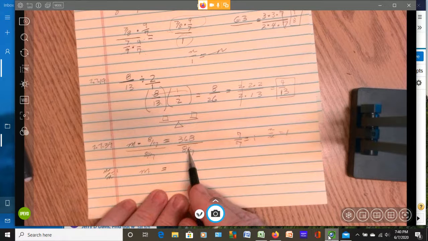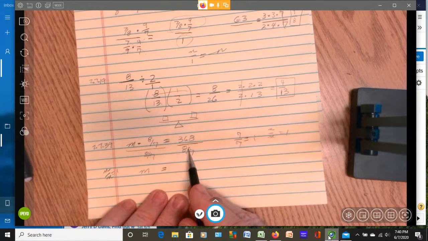This is also the reason why keep, change, flip works. So this problem was 368 divided by 8/7, which I told you is 368 times 7 over 8.